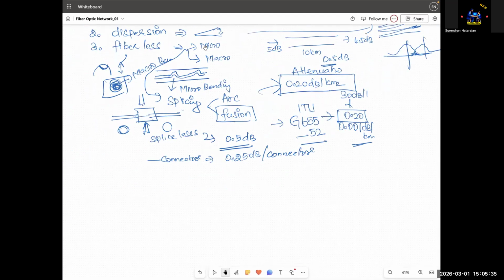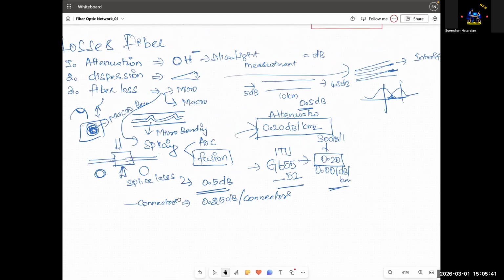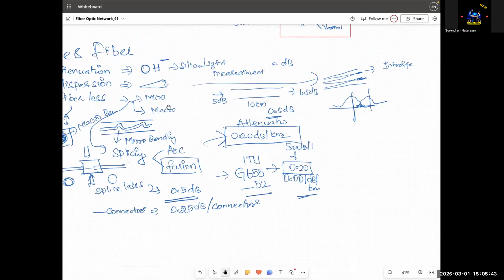Fiber losses: micro bending, macro bending losses, splice losses, connector losses. What is micro bending?